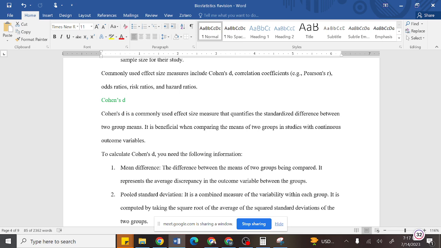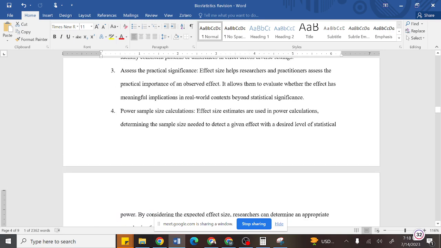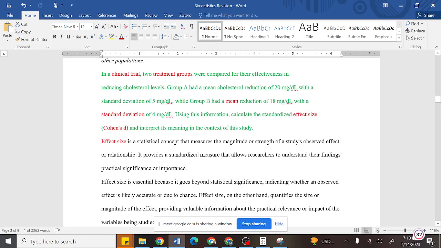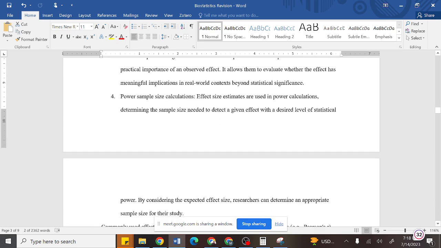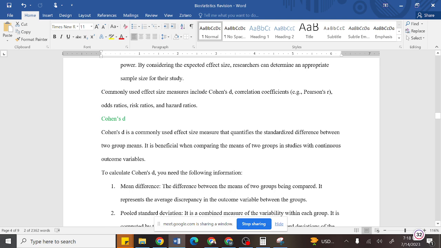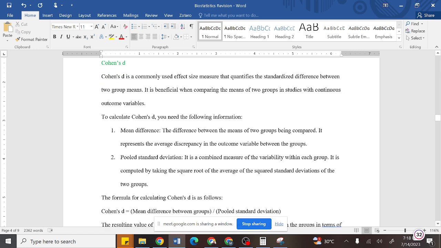We have other measures too, but in this question in particular, the interest was to use Cohen's d, which we highlighted here. Okay, so we are saying that effect size can be determined by these methods, but our interest is on this Cohen's d.